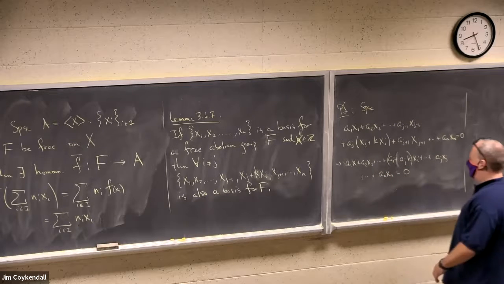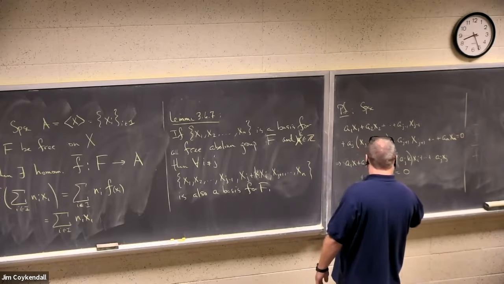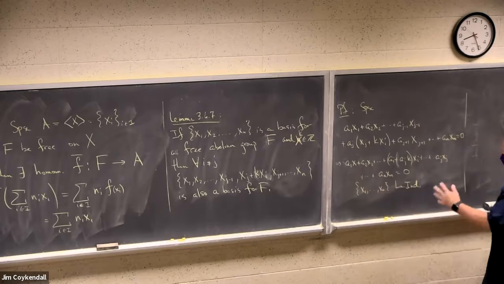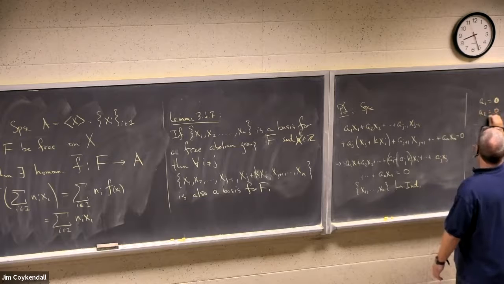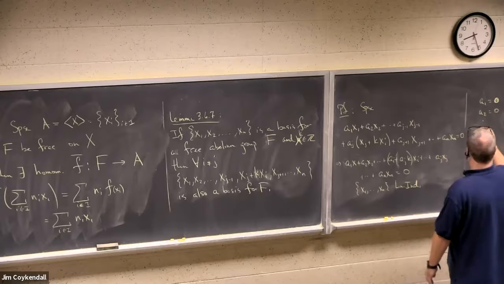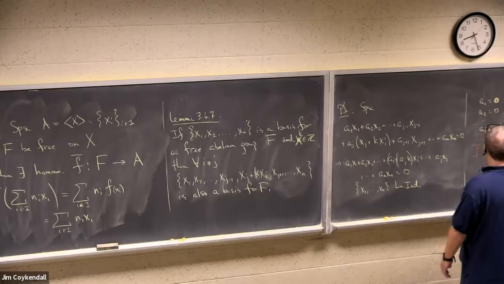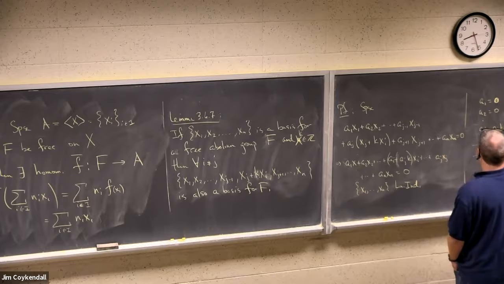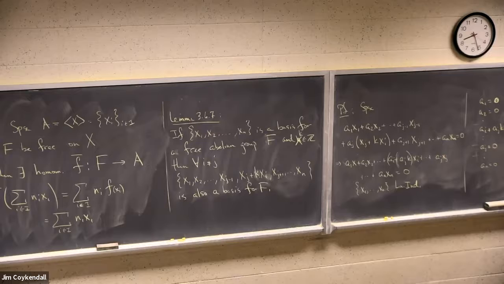So I get A1 equals 0, A2 equals 0, and I get Ai plus Aj k is 0, but everything else, Aj is 0, An is 0.